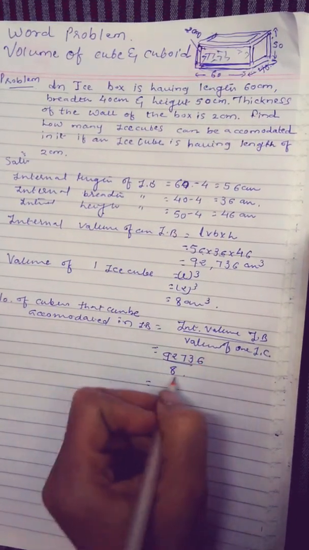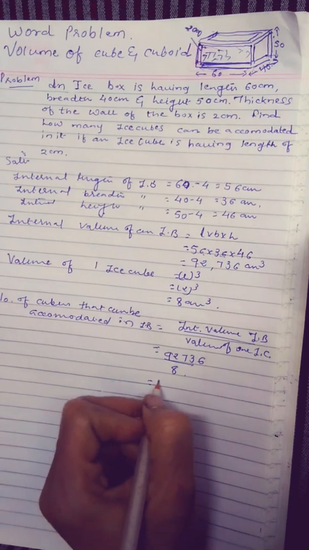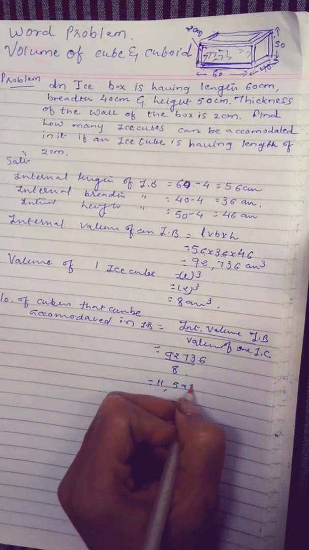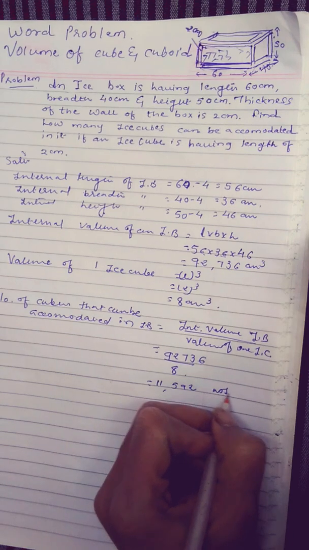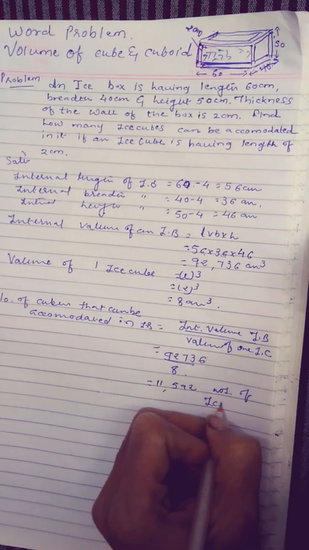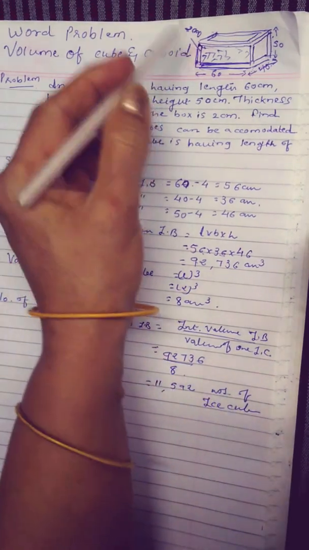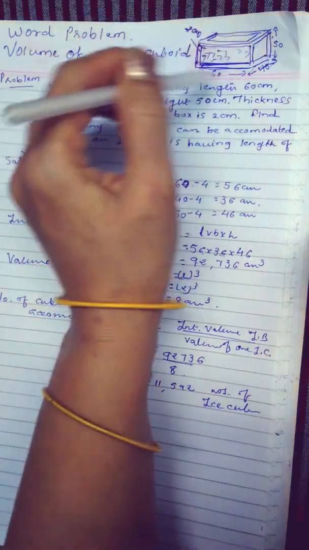You divide this by 8, you will get 11,592. That many ice cubes can be accommodated, you can fill inside this ice box.